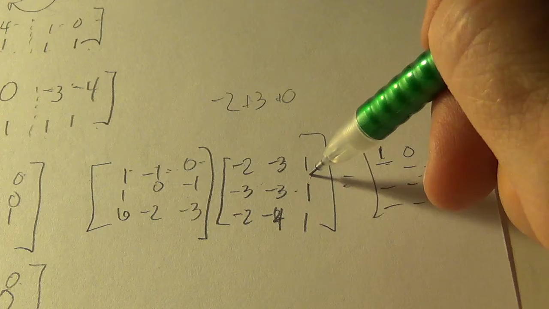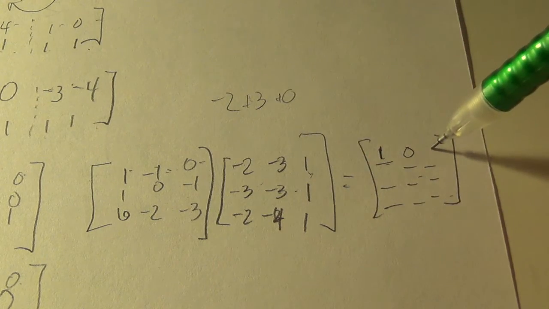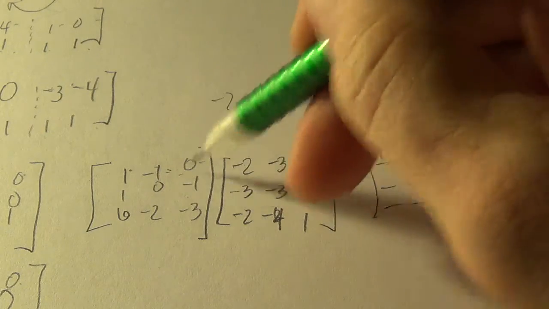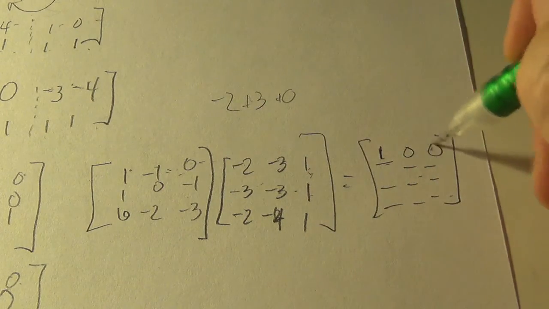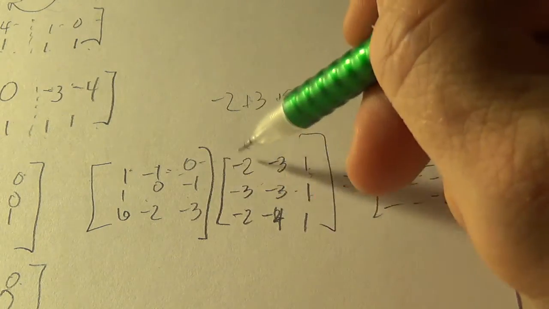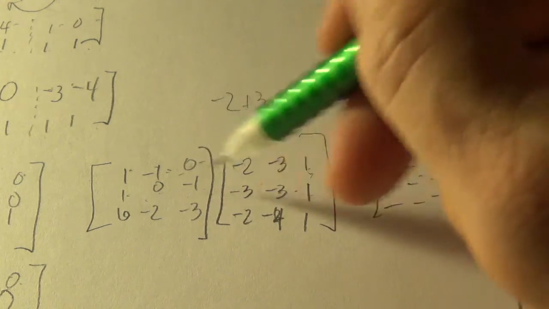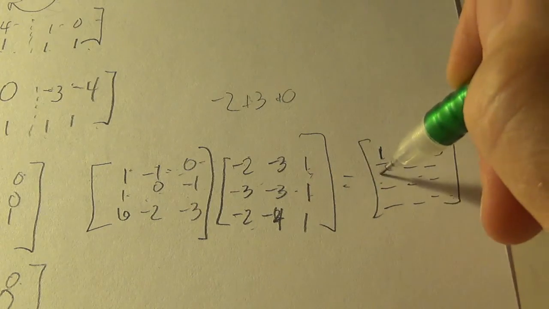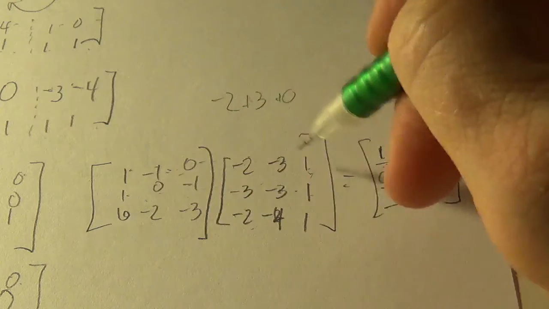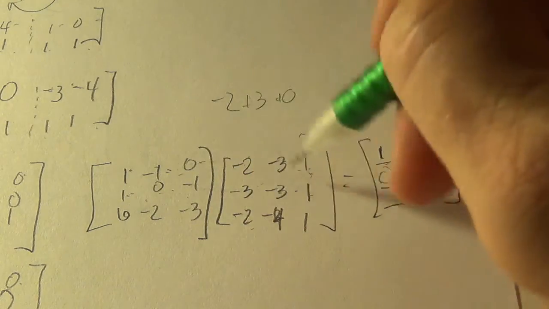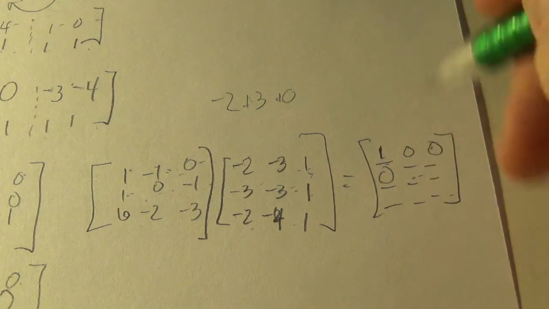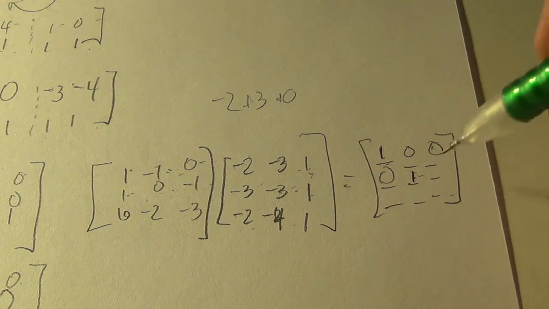Yay! This entry is first row, third column. 1 minus 1 plus 0. Good. And now this one, second row, first column. -2, 0, -2. Alright. This one, second row, second column. -3, 0, +4. Yes, that's where I wanted a 1.